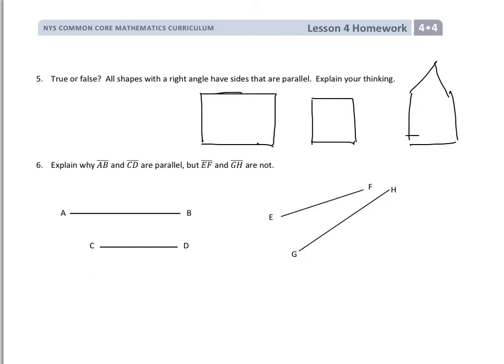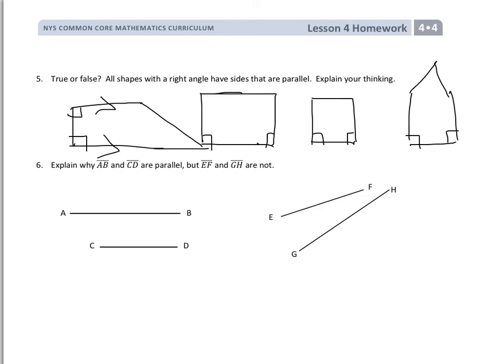So when we see these right angles, what is it that we can say? If we have at least one right angle and it has a matching angle, we know we have parallel lines. So go ahead and use those examples to help you explain it.